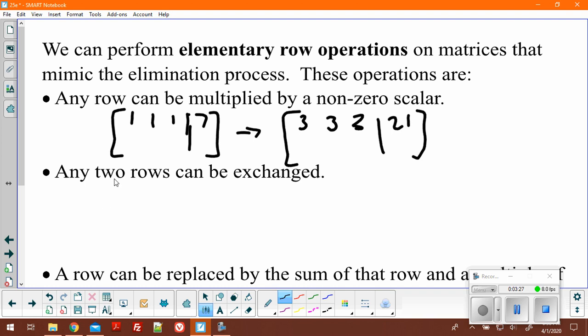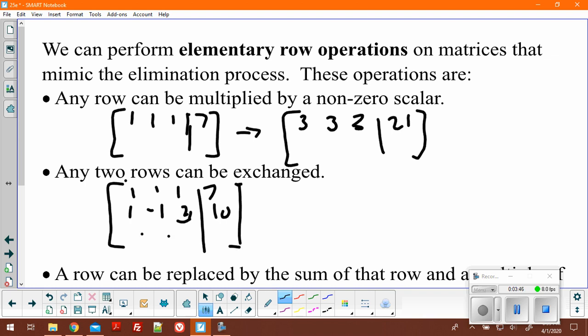The second one is that any two rows can be exchanged. So if I have a matrix that has 1, 1, 1, 7, and I don't remember what the other one said, but let's say it was 1, negative 1, 3, and I don't know, 10, and there was something else here.